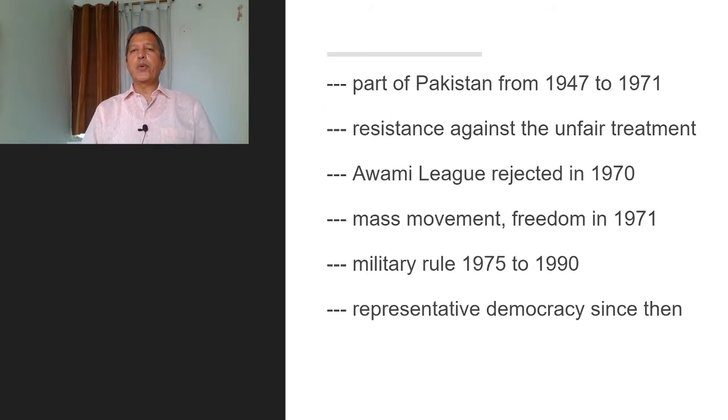Urdu was being imposed, and they felt their own identity, their Bengali culture and Bengali language, were being threatened. So resistance and a movement were already there.